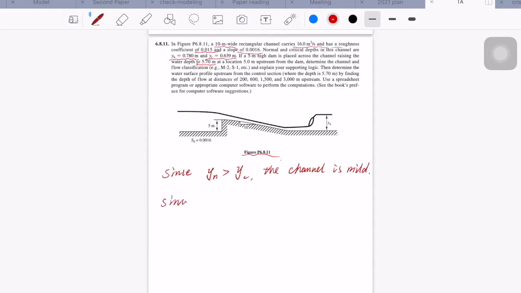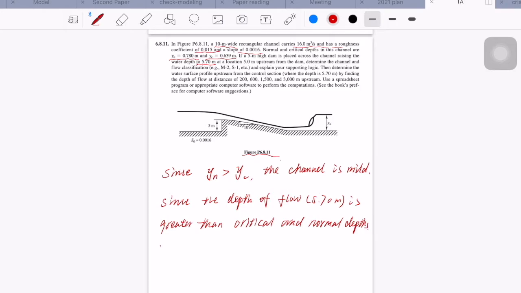Also, the depth of flow, 5.7 meters, is greater than the critical and normal depths. So it is a type 1 curve.